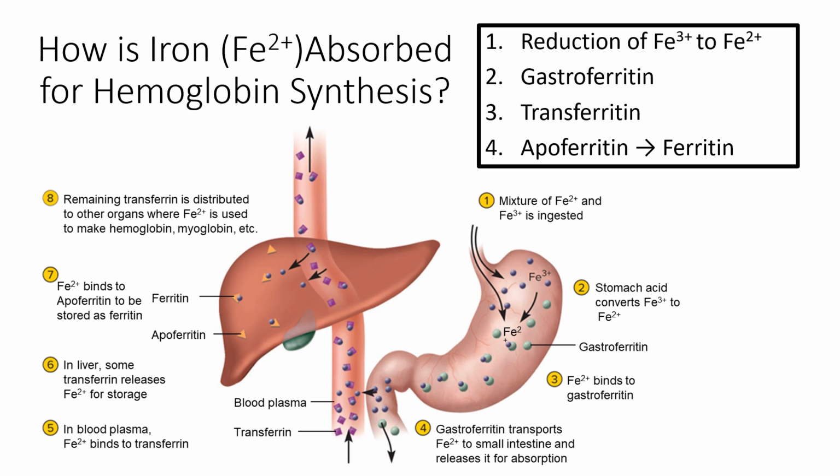The remaining transferrin with the remaining iron that isn't stored in the liver is distributed to other organs where that iron can be used to make hemoglobin, myoglobin, and any other protein, molecule, any other substance that requires iron in the body.